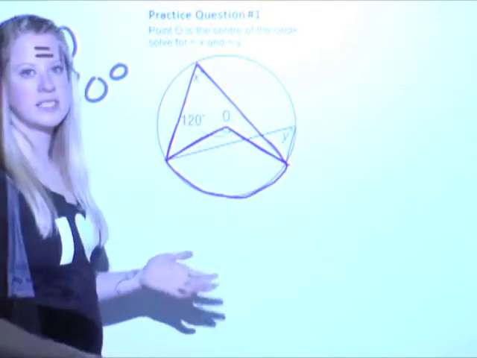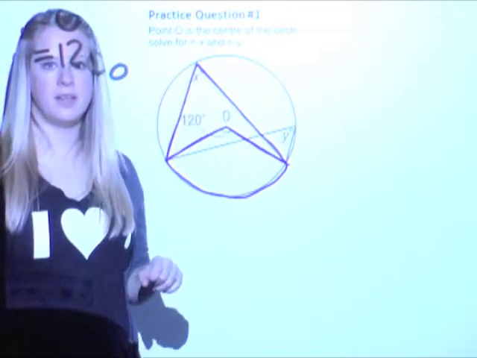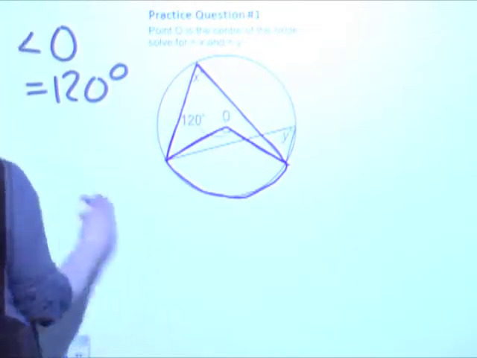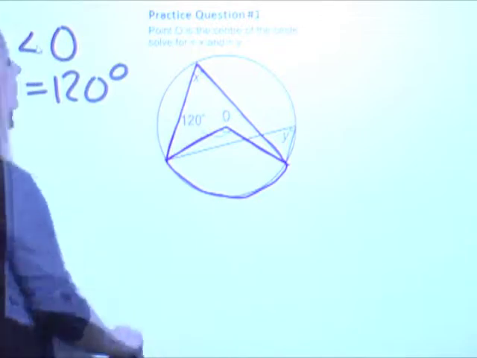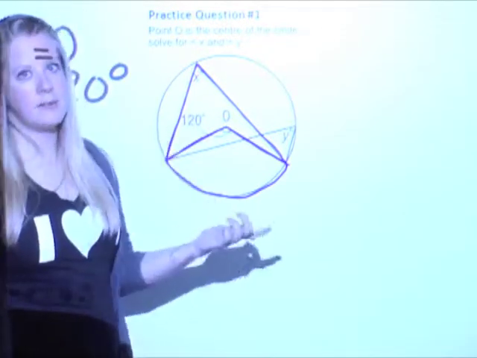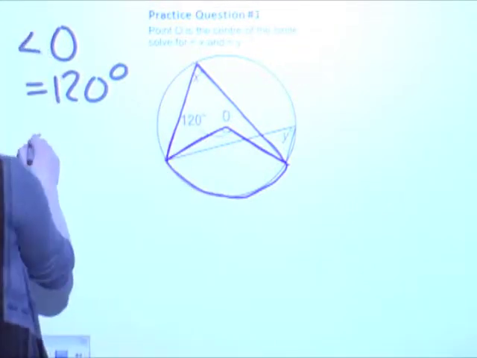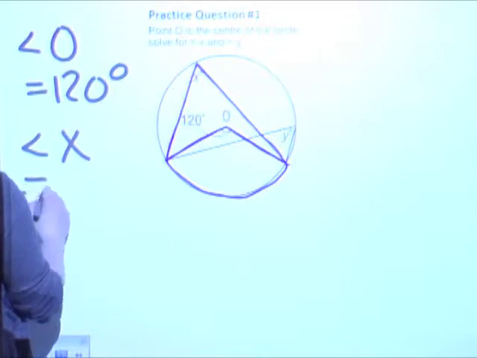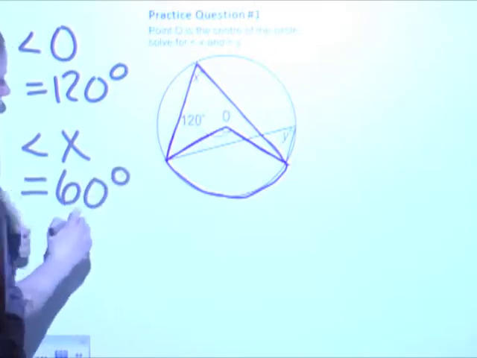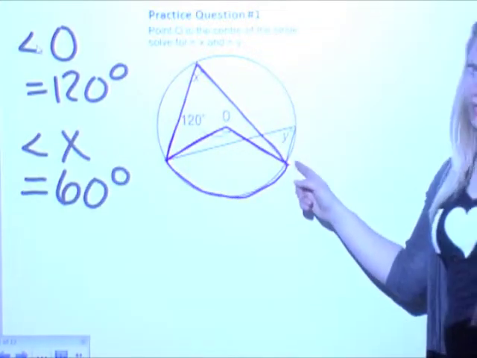And that tells us that we have our central and inscribed angle property that we can use here. That means that our central angle is twice our inscribed angle, or our inscribed angle is half of our central angle. So if we take half of our central angle, we know that angle x is equal to 60 degrees. From here, we need to solve for y now.